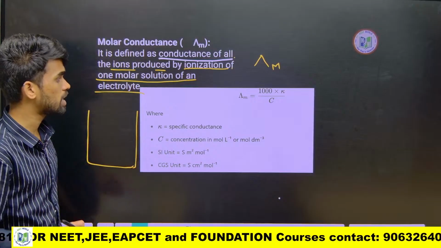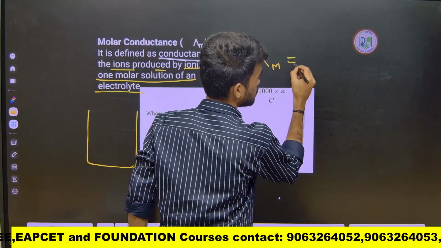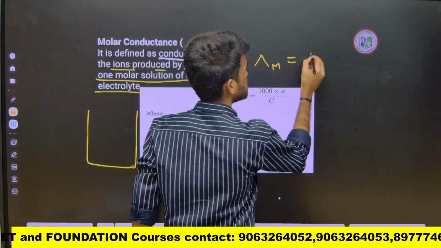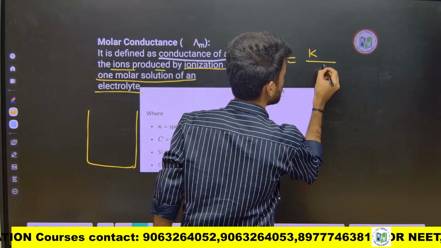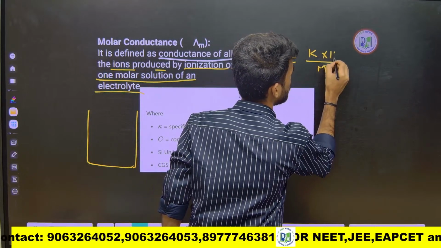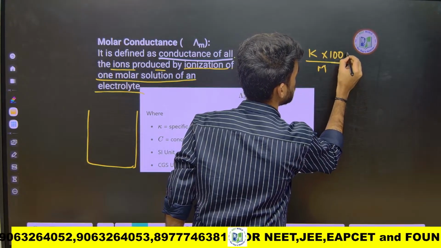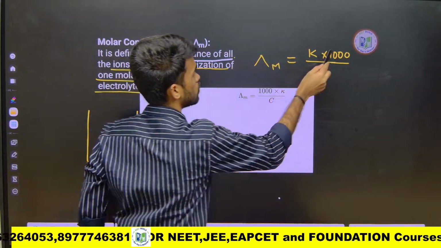It will be directly proportional to its conductivity K, and we are taking per mole, so C represents molarity. We are expressing this per centimeter cube or per ml, so you multiply with 1000. This is the relation you have to use here.